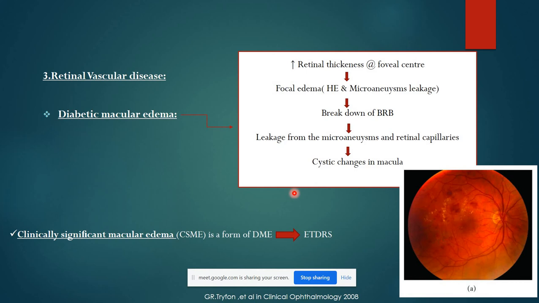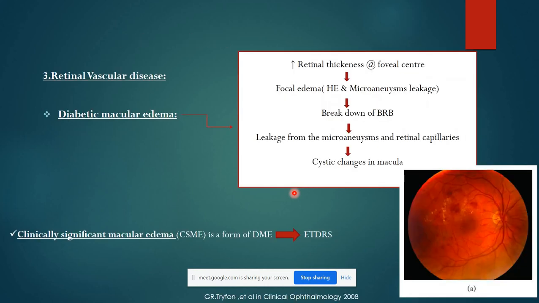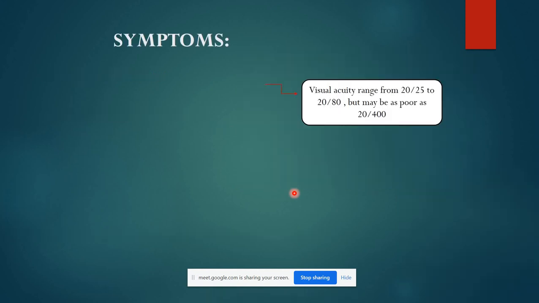So here this clinically significant macular edema is again a form of DME, and what is happening here is it is again going to have a reduced visual acuity, and then there is a detachment, etc.